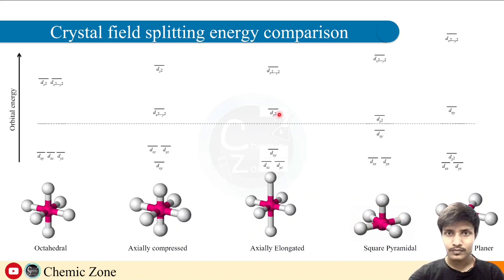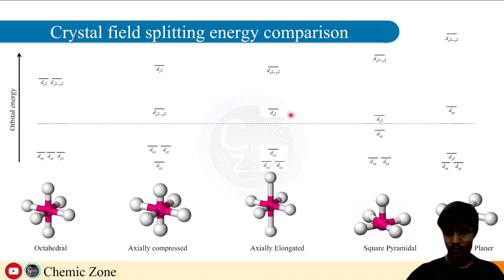So the dz square orbital will come down, and dx square minus y square will be destabilized, so it will come up. Again dxy will have higher energy, and dxz and yz will have lower energy.